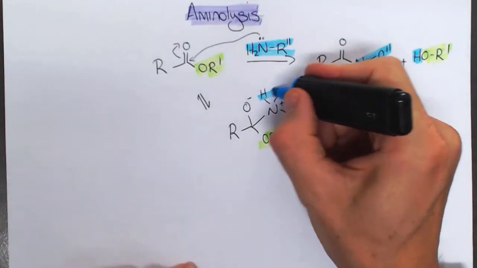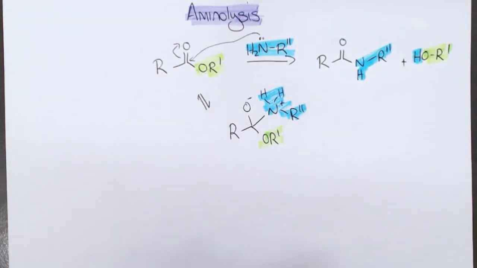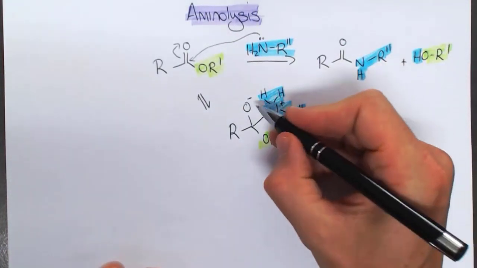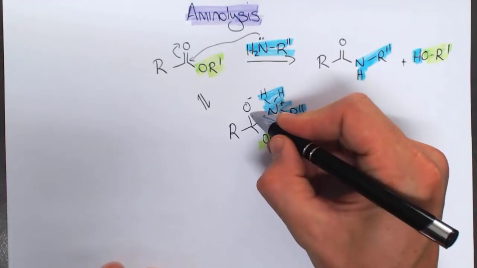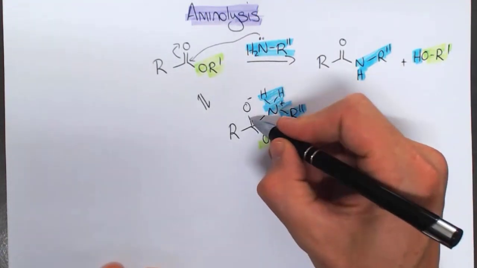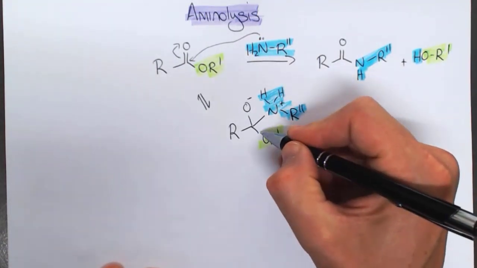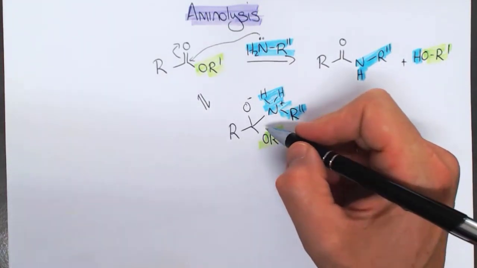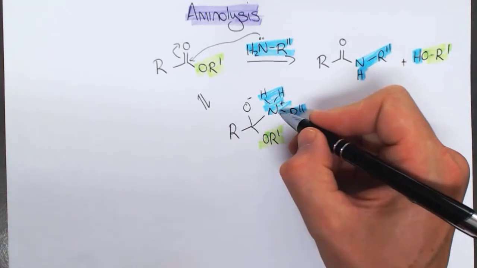What's going to happen now is, if we look at this intermediate that's formed, the tetrahedral intermediate, it is unstable and it wants to collapse. One option, of course, is this O minus can kick back in. And then it's got two options. What's it going to do? Is it going to kick out this nitrogen, or is it going to kick out this oxygen over here? And at this point the case is very clear. It must kick out this over here.